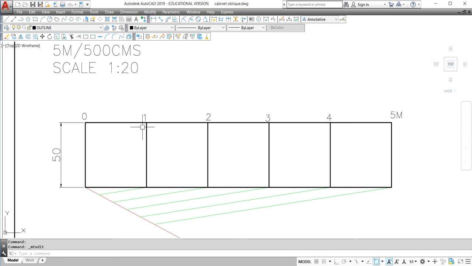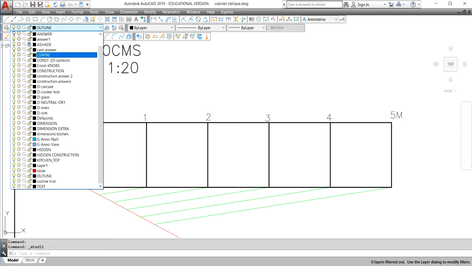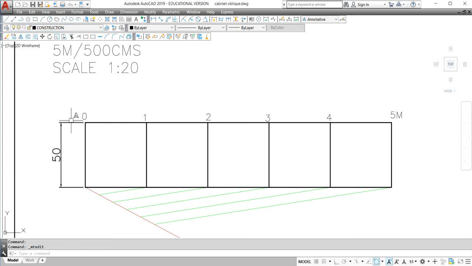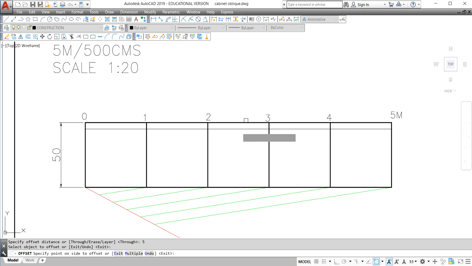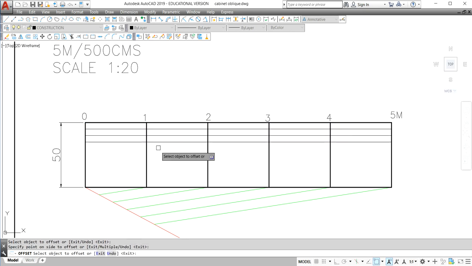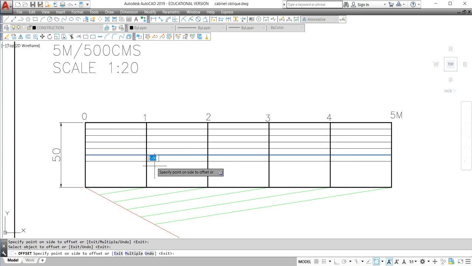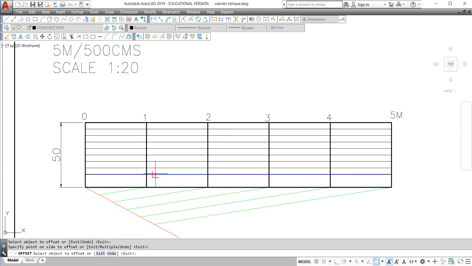To divide it, there are two options. Either you do a division of a line from 0 to 1, or else a convenient method is to use this 5 centimeter height. I'm going to do horizontal lines, each 5 millimeters apart, so I'm going to have 10 units. That is easy to do. Each 5 millimeters, I'm going to place a point.